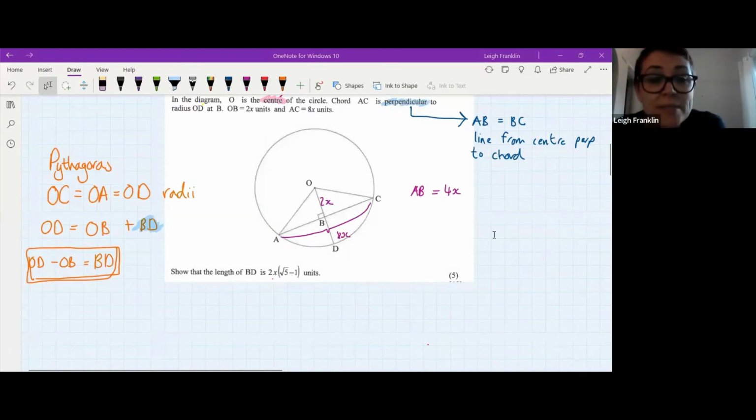So line from center perpendicular to chord. Not bisects the chord, Caden. Line from center perpendicular to chord.